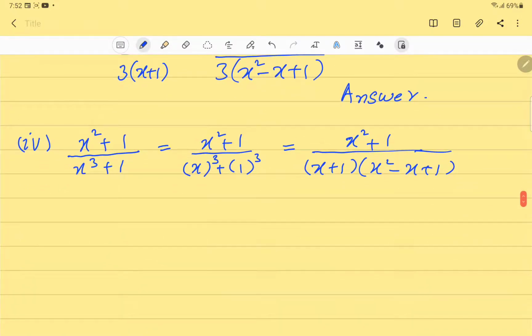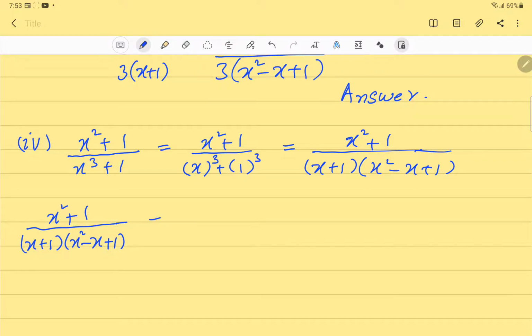Now we will go ahead with the forming of partial fractions. So x squared plus 1 over x plus 1 into x squared minus x plus 1 is equal to, first we have this linear factor, so A over x plus 1, then we have the quadratic factor, which will have two constants in its numerator, with one of them with x.